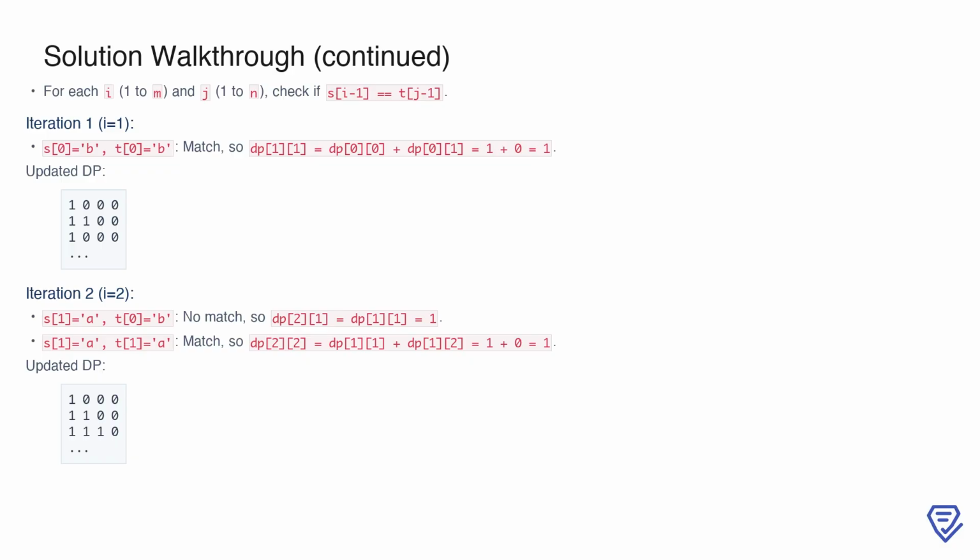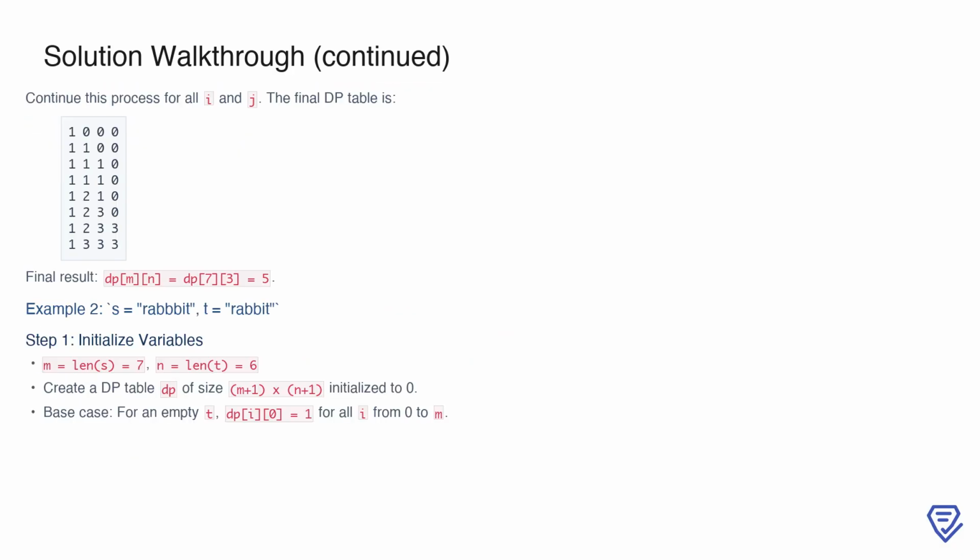Since they do not match, DP[2][1] is set to DP[1][1], which is 1. Next, we compare S[1] with T[1], which is a. This is a match, so DP[2][2] is calculated as DP[1][1] plus DP[1][2], resulting in 1. By continuing this process for all values of i and j, we gradually fill out the entire DP table.